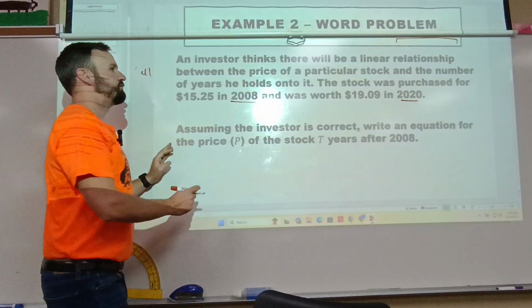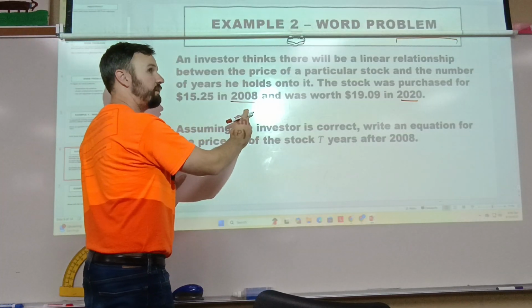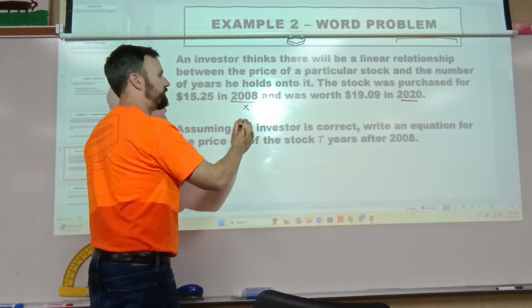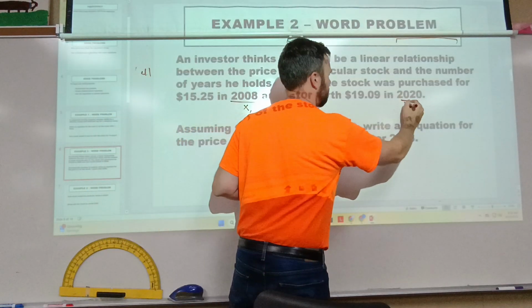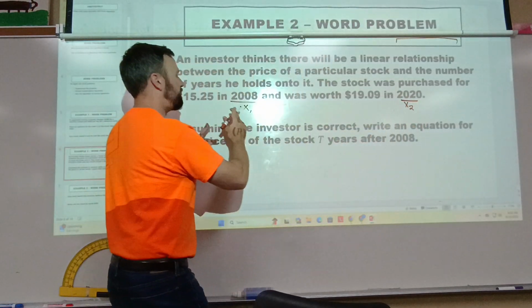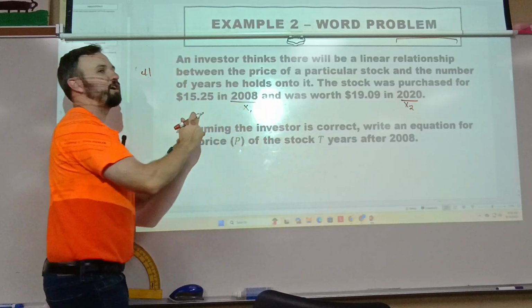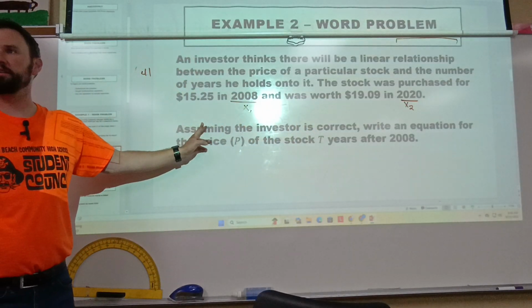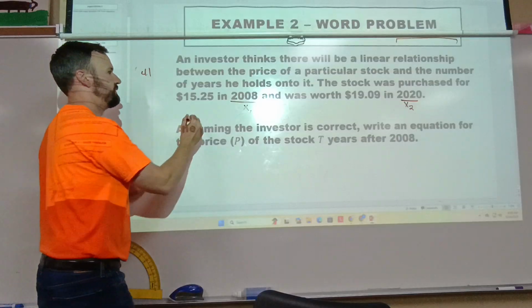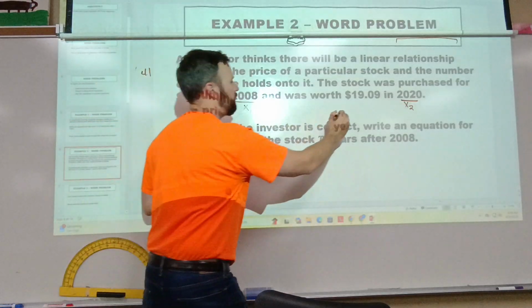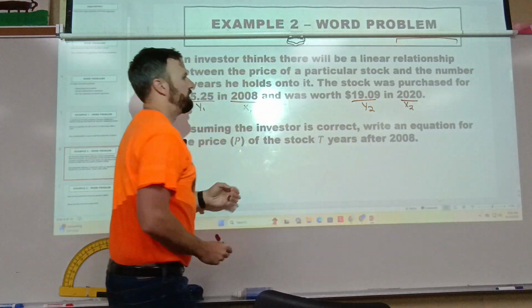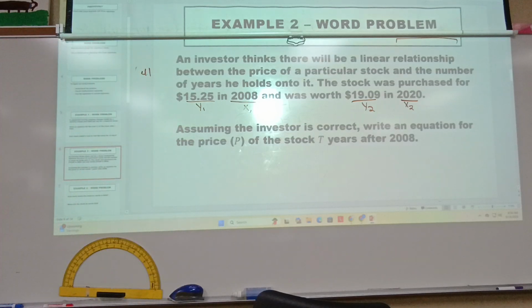Yeah. So this is going to be my X, X1, X2. But then I'm measuring cost or money, so that's going to be my Y, and this is going to be my Y1, Y2. Can I get slope from that?